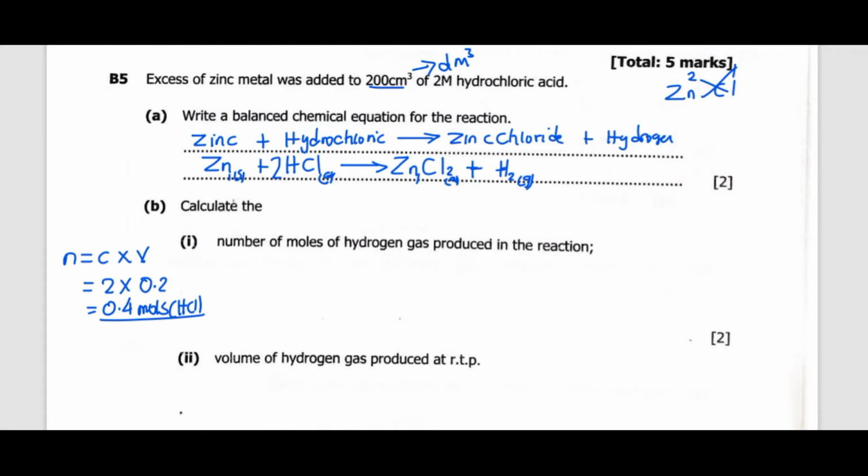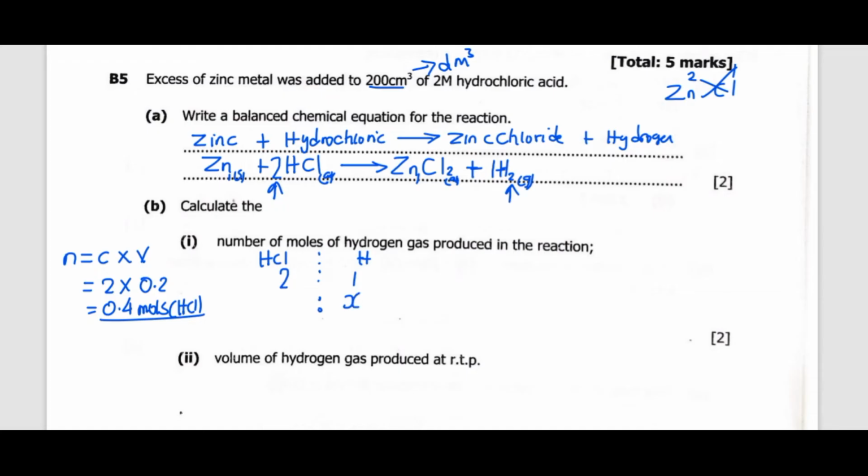But the question is, we want the moles of hydrogen. So let's look at the HCl. So we write HCl is here. Then hydrogen is here. So we are going to use the mole ratio. So the mole ratio is the number in front of each compound or molecule. So the mole ratio for HCl is 2. The mole ratio in front here, since we don't have a number, this shows that we have a 1. Then we look at between the two, which one are we solving for? We are solving for hydrogen, so we put X here.